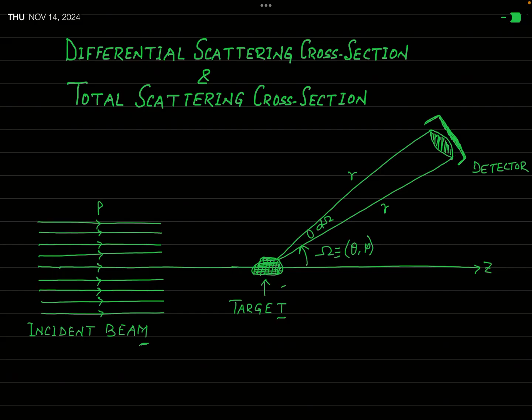So when this homogeneous monoenergetic particle beam is incident on the target, that is the thin foil, then due to the scattering center there is an interaction between the incident particle and the scattering center of the target.